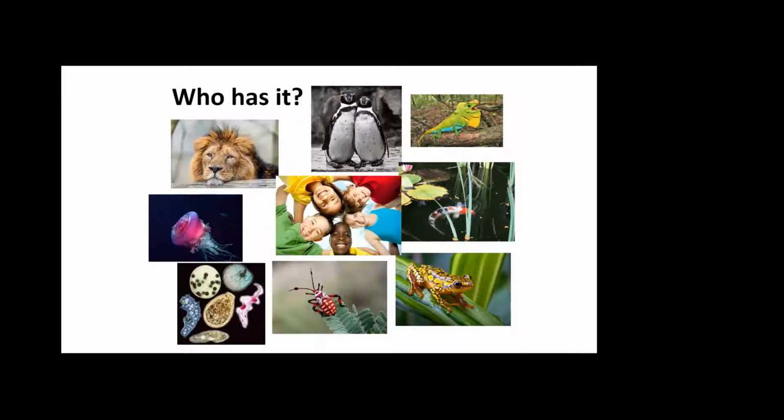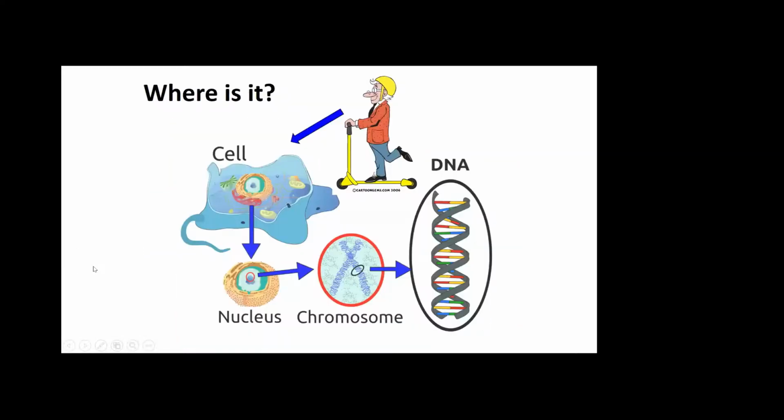So the conclusion is all living things have DNA. So where is it? Well, we, represented by this man here, are made up of trillions of cells. And every single one of those cells has a compartment inside that is called the nucleus.